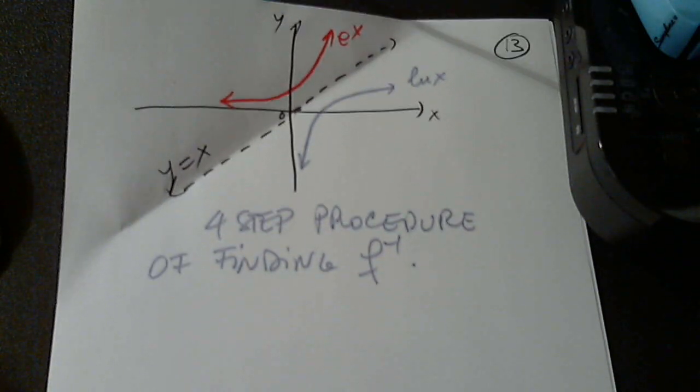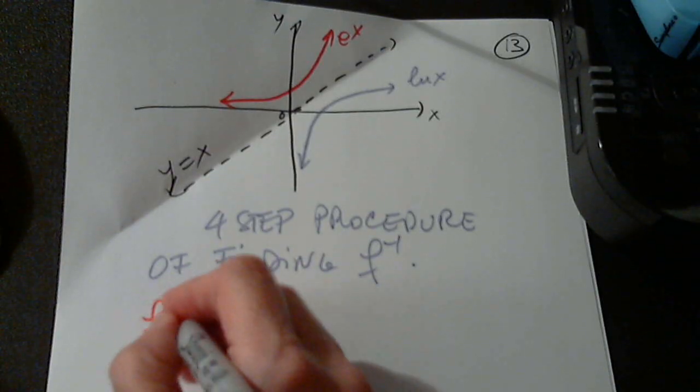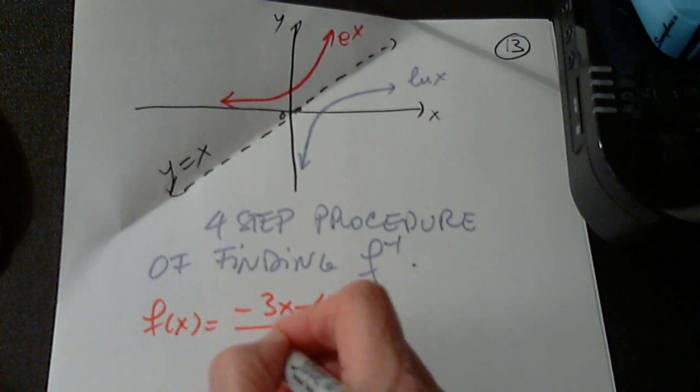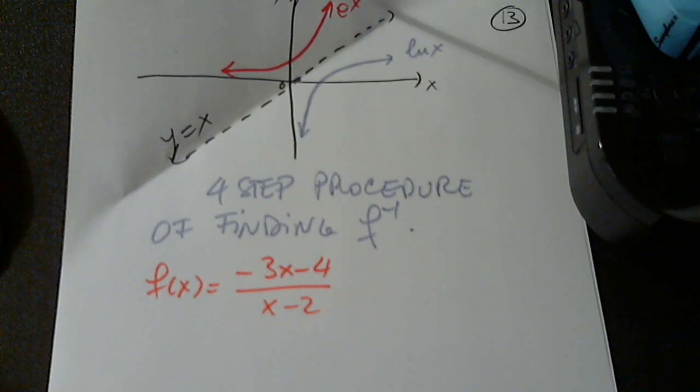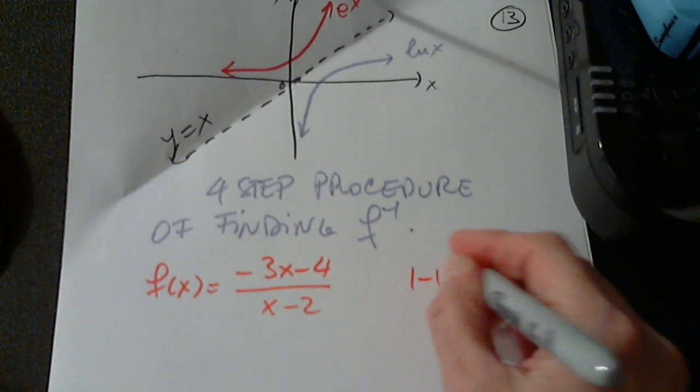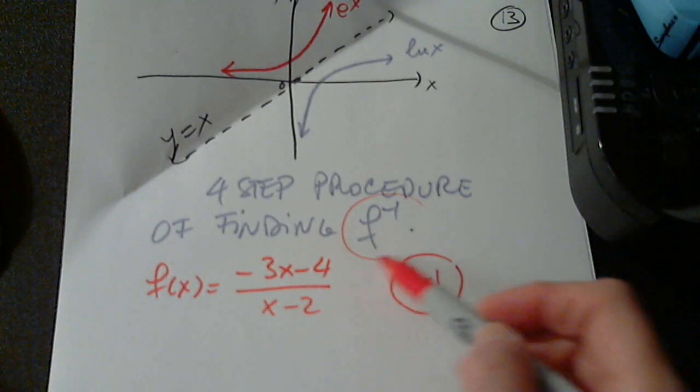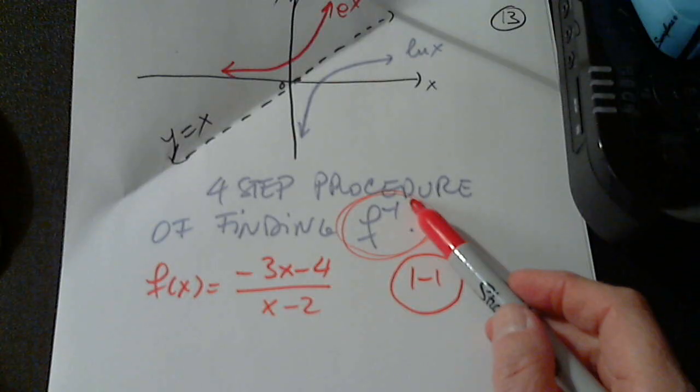So let's look at any function. Let's say f of x equals (-3x - 4)/(x - 2). This function is one-to-one. If it's not one-to-one, you cannot find an f inverse.